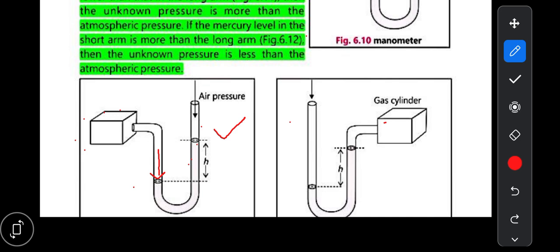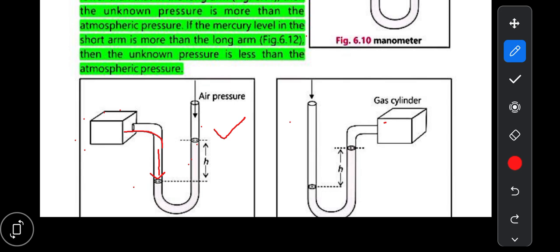Why? Just because the air molecules present inside the cylinder will enter at this point and exert a pressure on the mercury. When it exerts a pressure on the mercury, that mercury will start to compress, and resultantly the level of the mercury on the other side will start to increase.